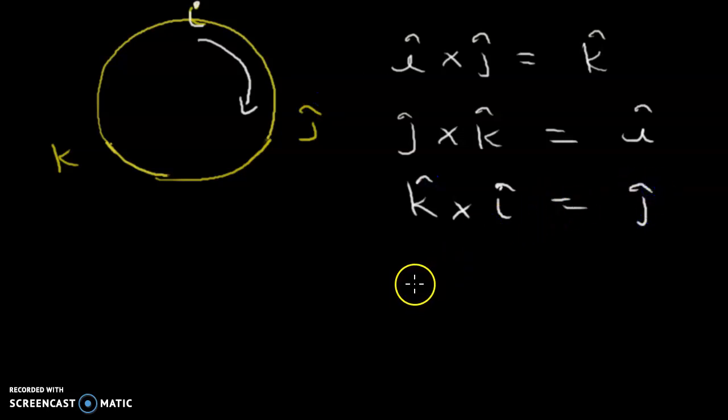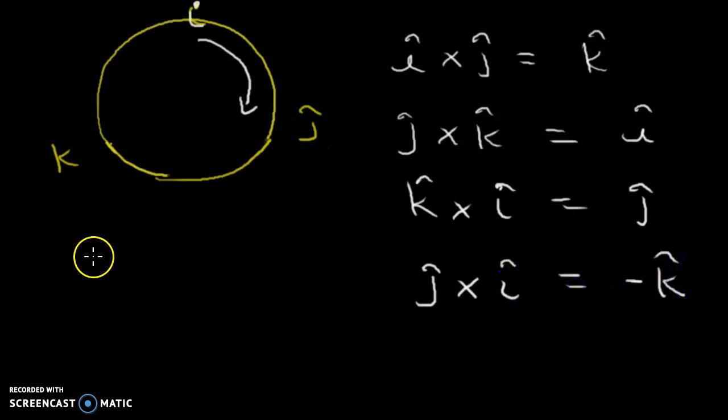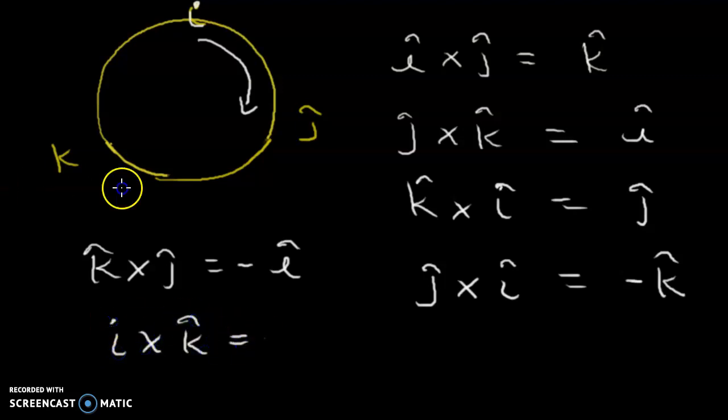But if you move anti-clockwise, j cross i cap would give you negative k cap, or k cross j cap, negative i cap, or i cross k cap, negative j cap.